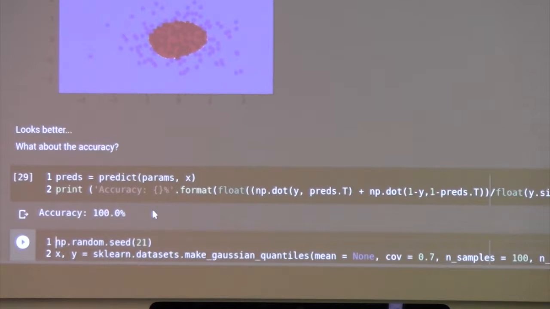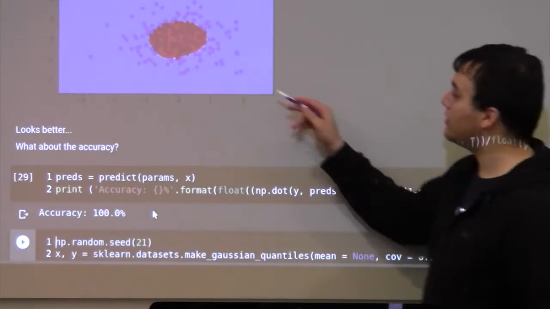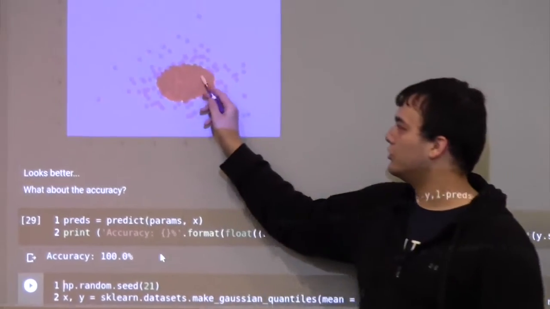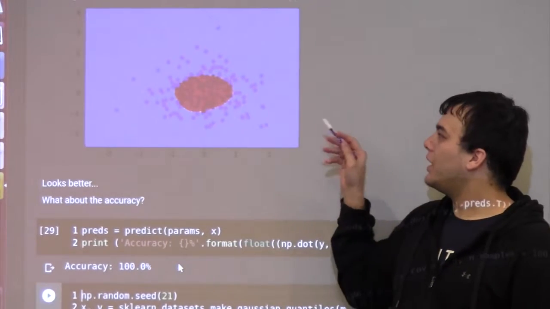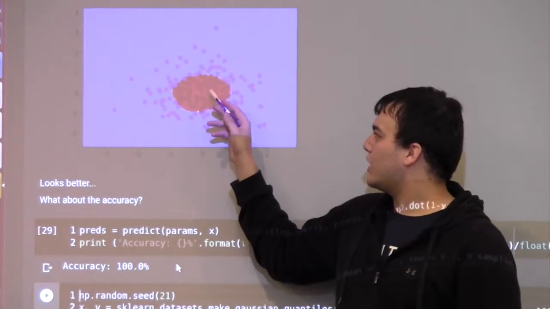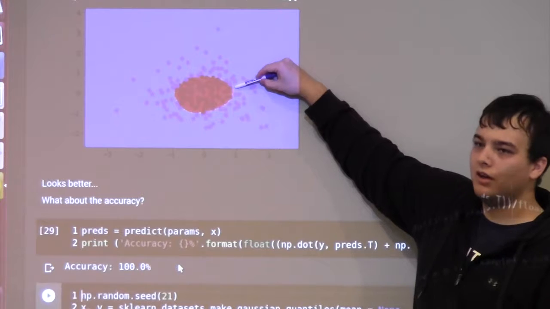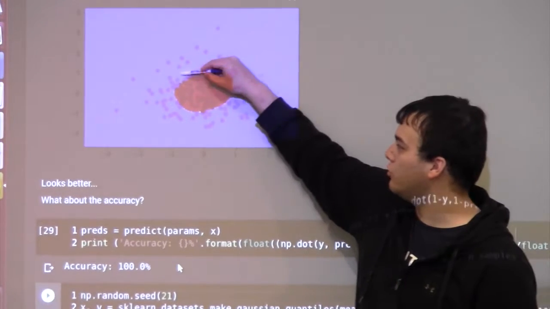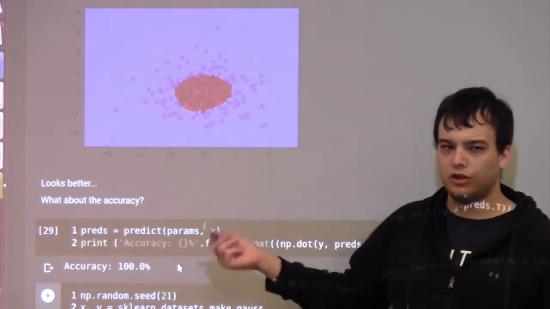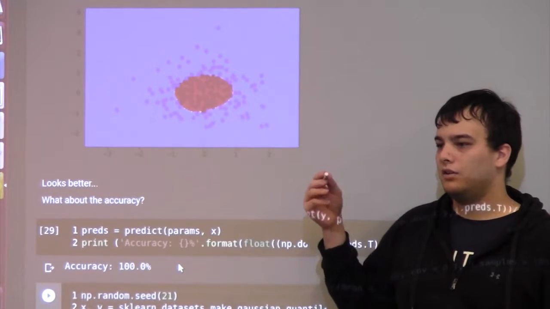That means that it's going to be very, very bad for outside data. If we can guarantee that our data is going to come from a similar distribution as this, it's probably fine. But otherwise, if you have one red dot that's right here, it's going to be predicted as blue. And if we have a whole bunch of red dots that are just on the outskirt, it's going to be predicted incorrectly.